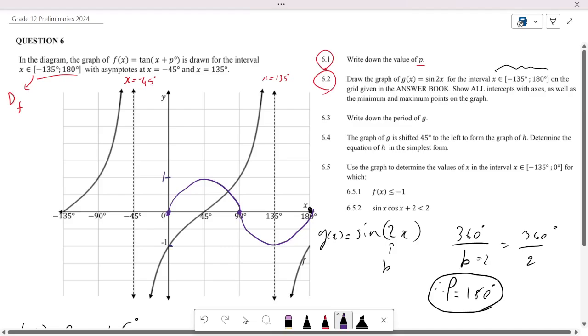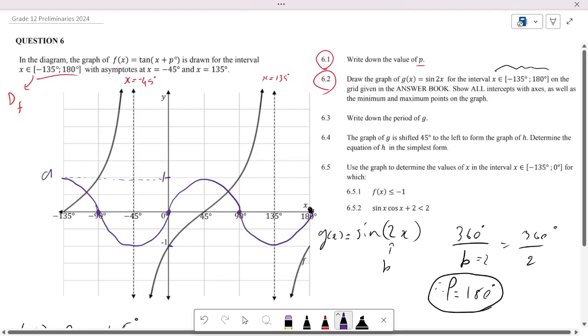Then obviously we have to do the same with the other one. We draw it like this over here, such that it intercepts at -90, and then it's going to stop somewhere around here, in line with the -1. So that's our new graph of g.